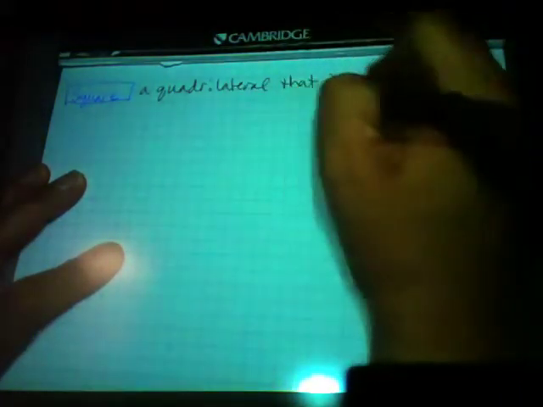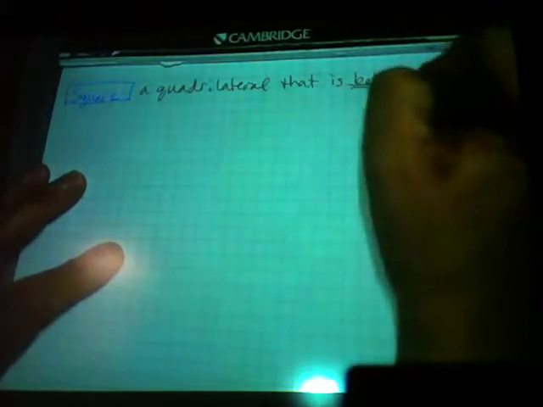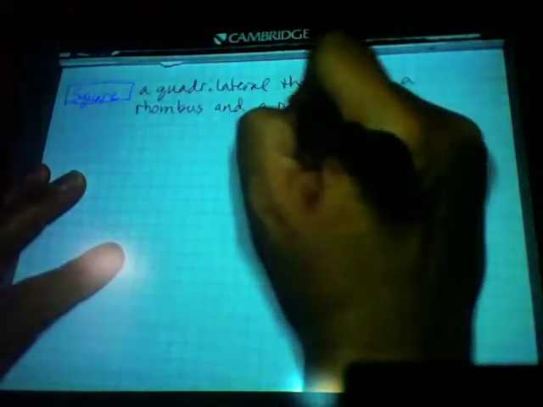So based upon what we've done, we already know a lot about the square. Your square is a quadrilateral that is both a rhombus and a rectangle.